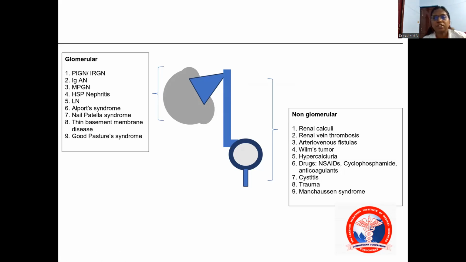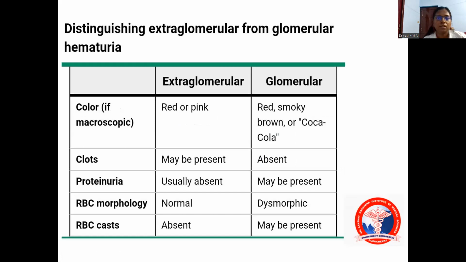So we have clinical features to differentiate between glomerular and non-glomerular causes, which I'll be telling you later. See, this is the difference between a glomerular and an extraglomerular hematuria. If there is a glomerular hematuria, the patient will present with cola-colored urine rather than bright red urine. There will not be any clots.